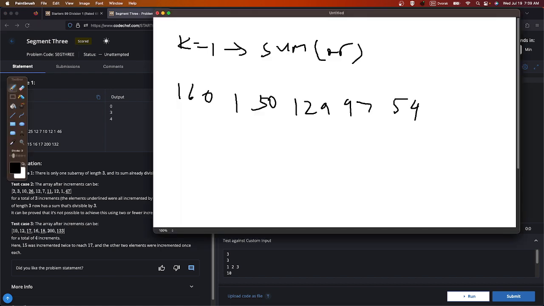Okay, part of the question I'm trying to figure out is what happens if we have only one case where it's somewhere in the middle.